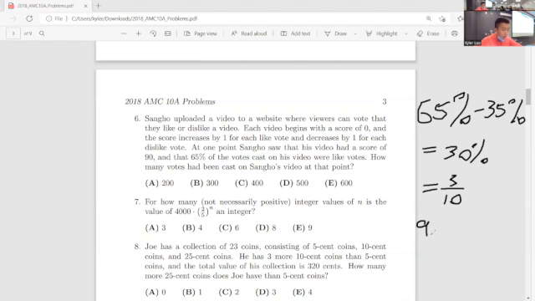So then you do 90 divided by 3/10, which is equal to 90 times 10/3. And so this is equal to 300, which is B.